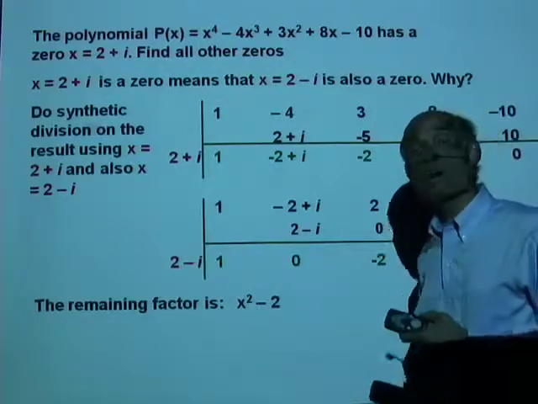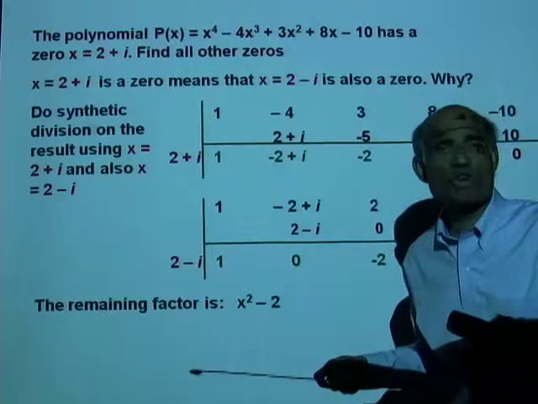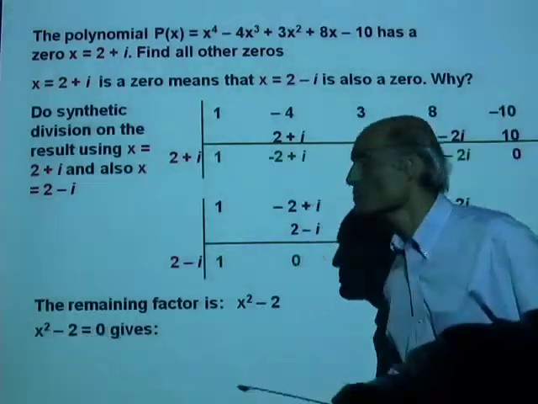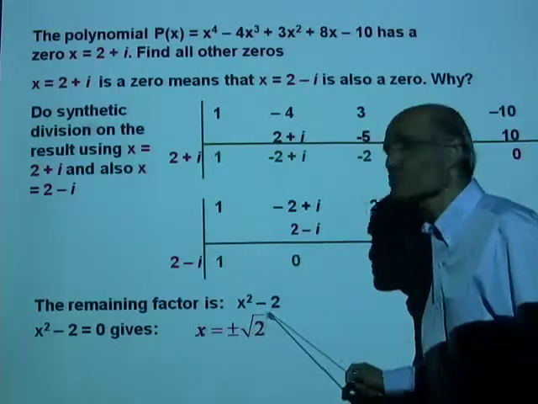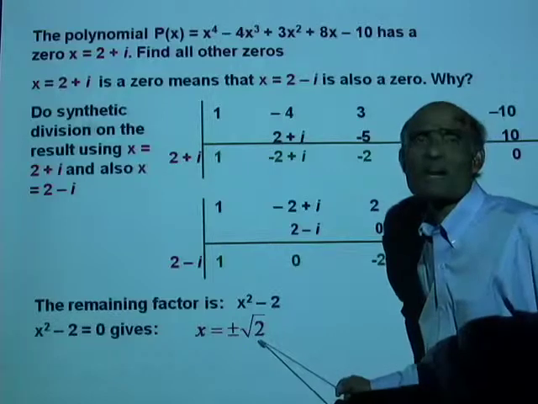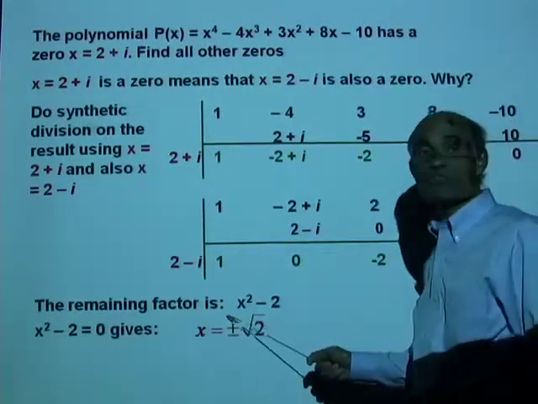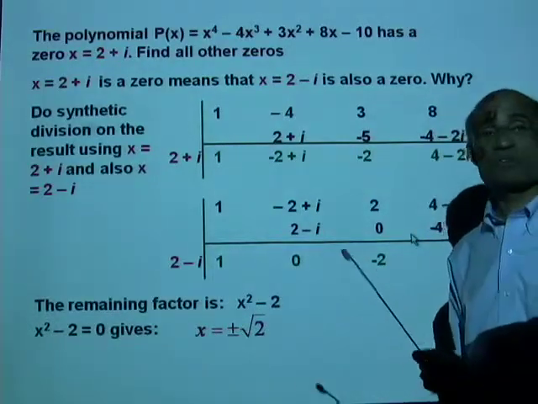And we can now use this to find the rational or irrational zeros. x squared minus 2 equal to 0 gives x equal to plus or minus square root 2. That's an irrational number. That means the irrational zeros are x equal to positive square root 2 or x equal to negative square root 2.